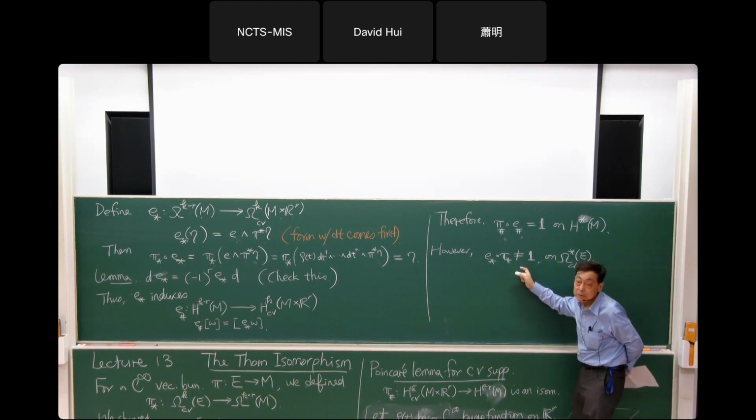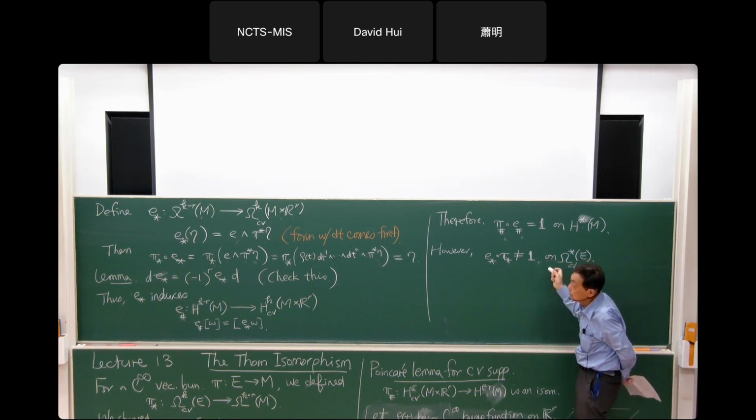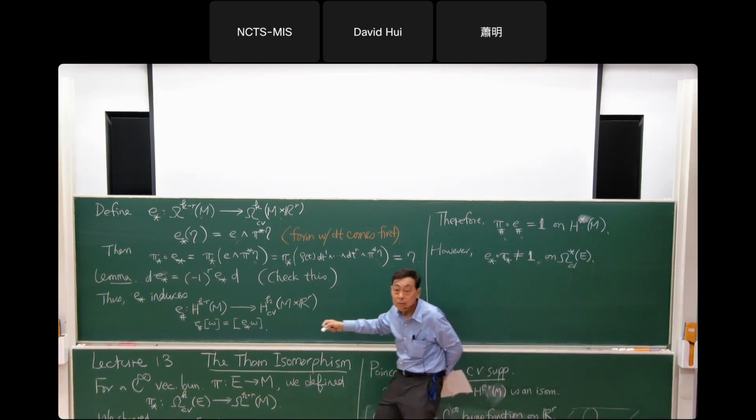But it's okay because what we want is not the identity on forms. We want the identity on cohomology.